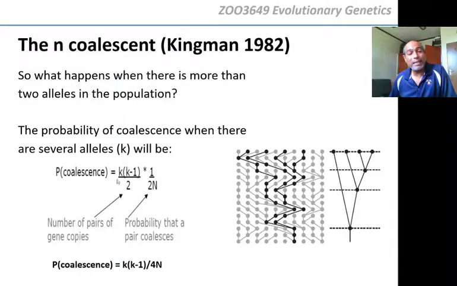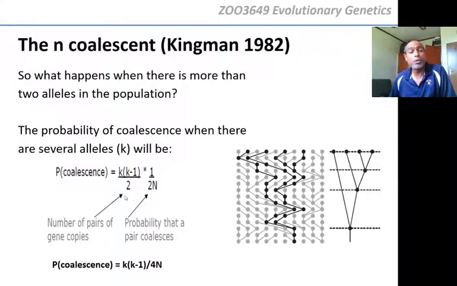And that basically gives you the number of pairs of gene copies in the Wright-Fisher population, okay? So the number of pairs is simply the number of alleles multiplied by 1 minus the number of alleles and then divided by 2, okay?